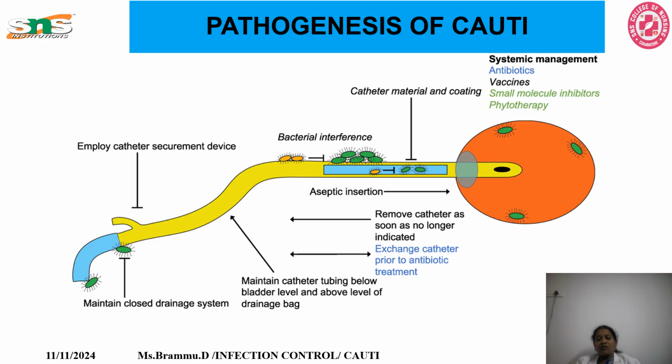We can start with not maintaining the closed drainage system from the Foley's to the tubing, or no proper catheter fixation, or the tube not being maintained below the bladder level and not above the ground level, or bacterial interference such as frequent pricking from the tube when taking a sample, or not removing the catheter when indicated and just leaving the catheter in place, which may also play a major role in increasing the colony count.